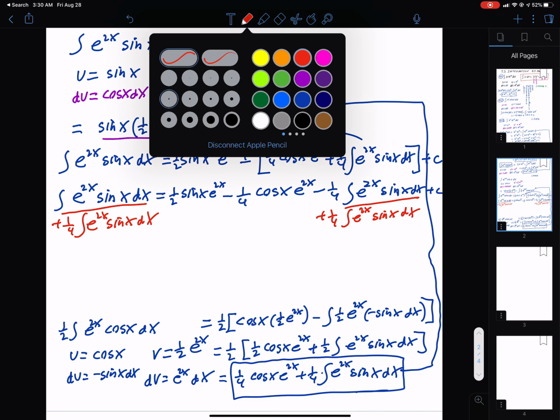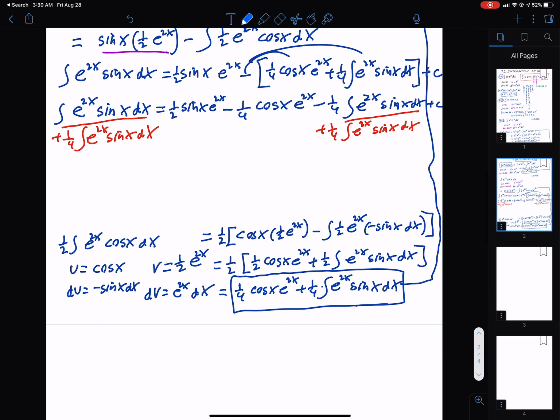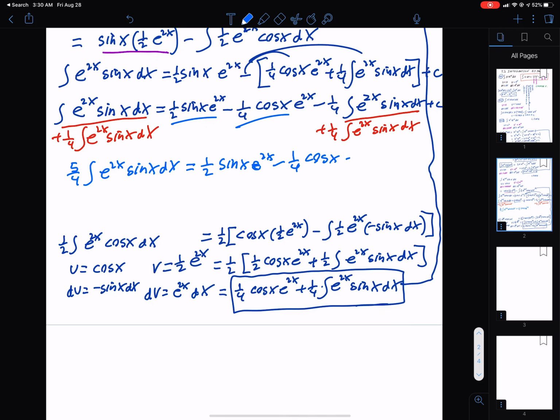And watch what happens. 1 plus 1/4 is 5/4. So e to the 2x sine x dx equals, and then I have this part, 1/2 sine x e to the 2x, minus 1/4 cos x e to the 2x plus c.